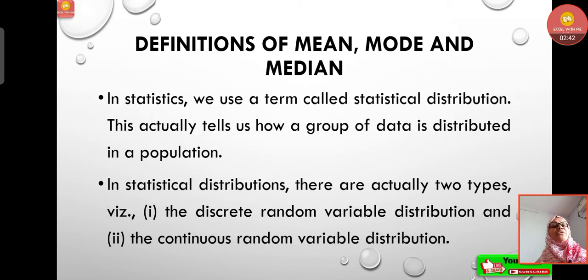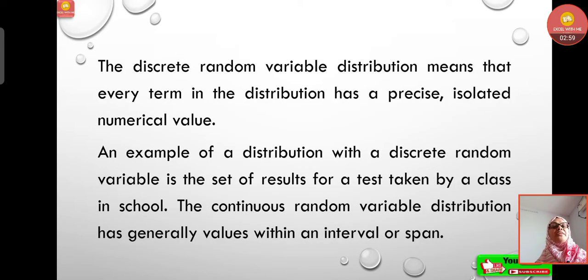In statistics, we use a term called statistical distribution. This actually tells us how a group of data is distributed in a population. In statistical distributions, there are two types: the discrete random variable distribution and the continuous random variable distribution.